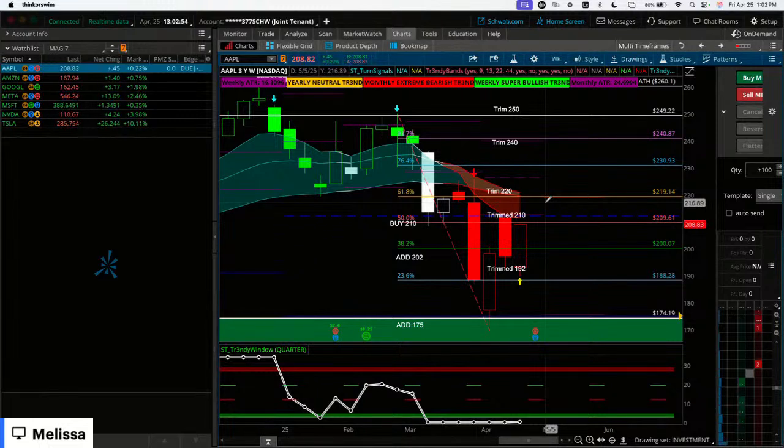So I thought it would be cool to give you some of my buy and trim levels on the Mag 7s. All of these names, the Mag 7 names, I own equity in and have been trading them this year pretty actively, actually.